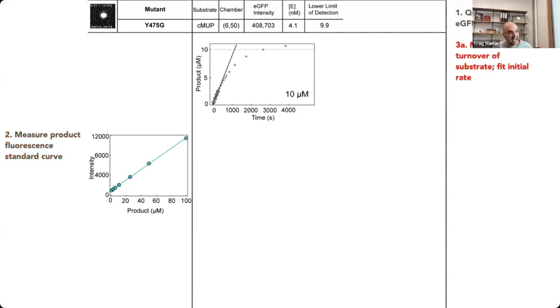So in our first assay, we pick one substrate concentration, in this case, 10 micromolar. We introduce the substrate over the chip with the valve closed. Then we open the valves and just measure the rate of reaction, and we fit initial rates. And this is exactly how people do it in traditional biochemistry. We're just doing it in higher throughput.